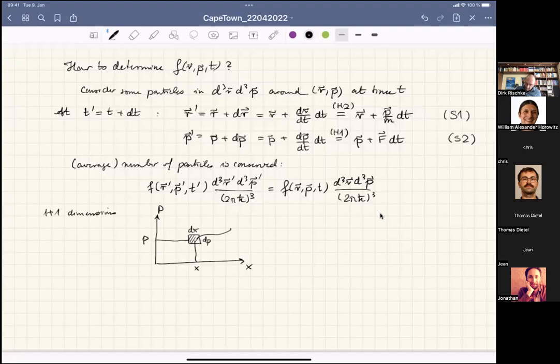So this was at time t, and then at time t plus dt or t prime, this thing is somehow transported into dx prime, dp prime, and this is the volume. dx prime dp prime is the 1+1, like 2d volume in phase space, and this was here at x prime and p prime.